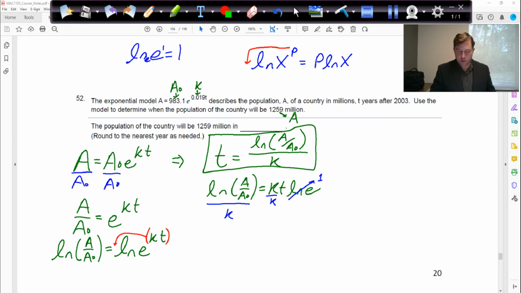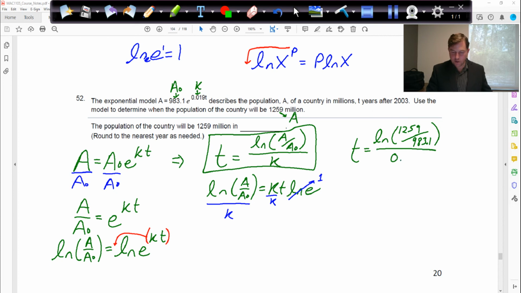So let's plug in the numbers we have. So the time for this population to grow to that number is going to be the natural log of A, which is 1259, divided by the starting amount, which was 983.1, all divided by the k, which is, leave it in decimal, 0.019.